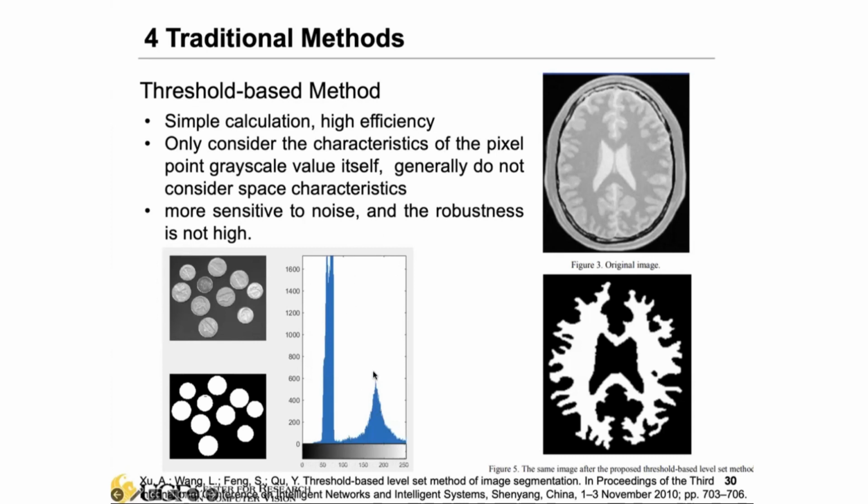If we look at this distribution here, it is majorly grouped into 2 clusters. One is the majority of the pixels, with pixel values between, let's say, 30 to 100. Another major cluster is centered around maybe 180.